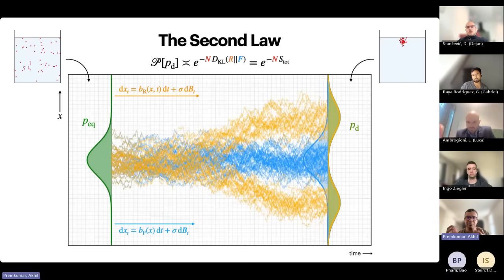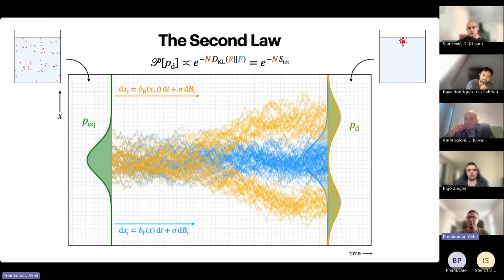And we see that VP has the lowest entropy production in the usual cases that we apply diffusion models to. But I'll talk briefly about this later in the talk. All right, thanks. Any other questions?